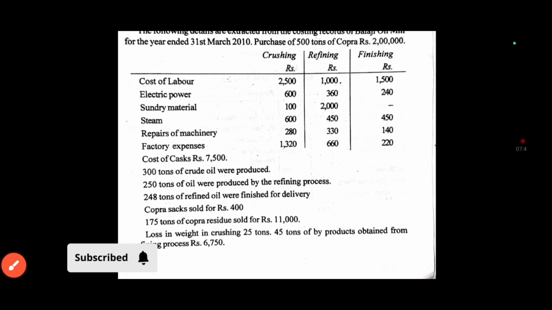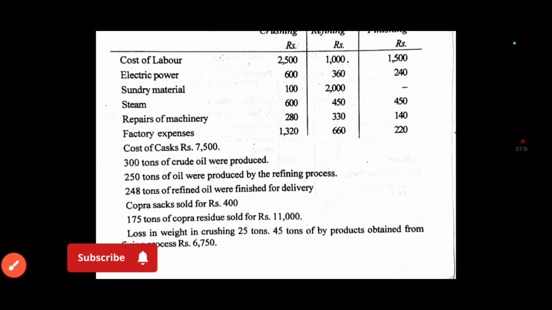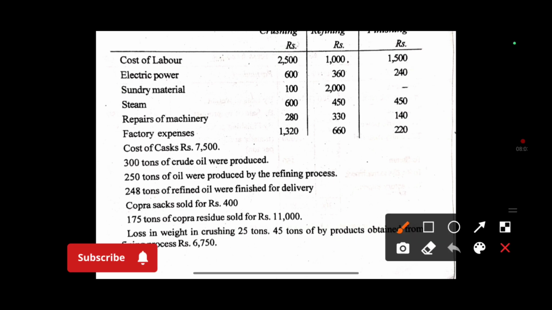So let's see the question. The copra stocks sold belong to the copra crushing process, because we have the clue, the word copra. Then the sold, what is meant by sold? The sold is entered on the credit side of the copra crushing process, because purchases and input items we enter on the debit side. When you sell the product, you get revenue and income, right?